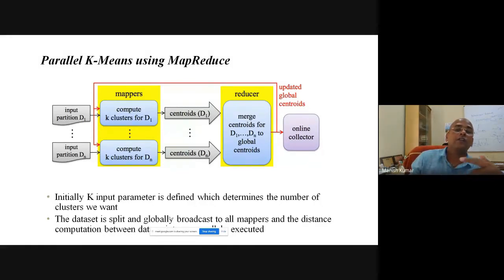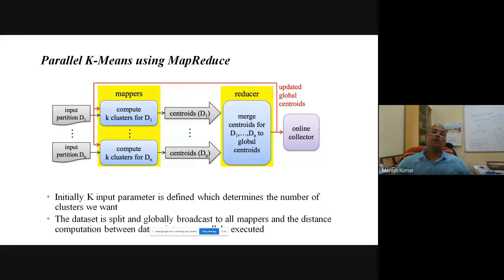So in the next iteration, all the mappers have uniform centroids. In the next iteration also, individual mappers will again give you different sets of centroids, and then again you will go for global centroid calculations. Then again we'll be back. If in two iterations there is no change for individual terminals, that will be your closing point.